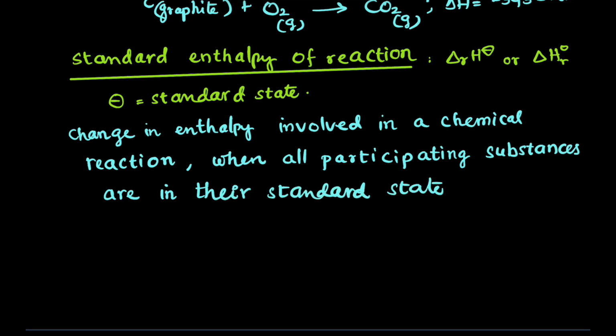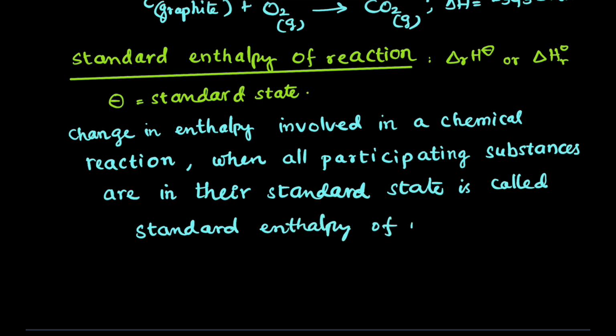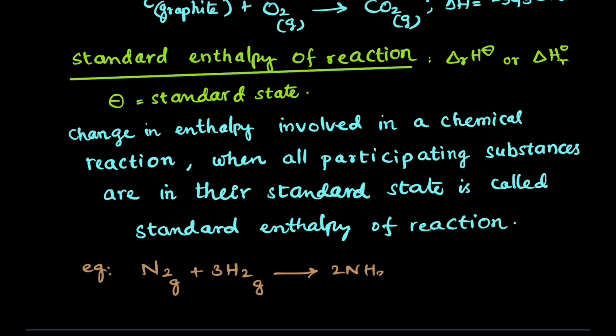Then you may ask what the standard state is. Standard state means, if concentration is given, that concentration should be 1 M and pressure should be 1 bar. Temperature depends, it is not fixed.